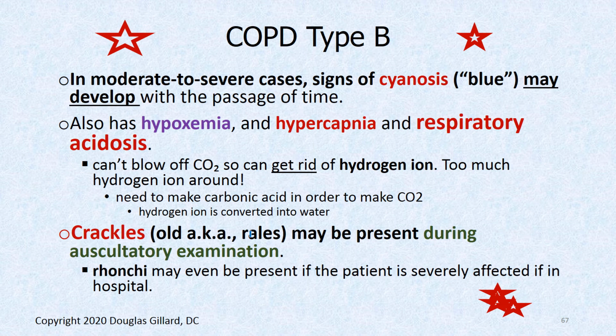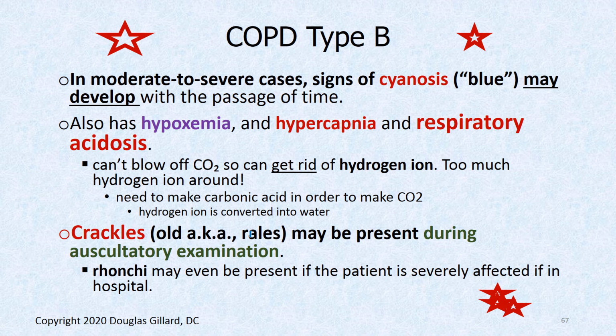What about COPD? What else? The blue bloater, because they become cyanotic as you get toward the end phases. Why do they become cyanotic? Well, they don't have the alveoli, and the pipes are all messed up.